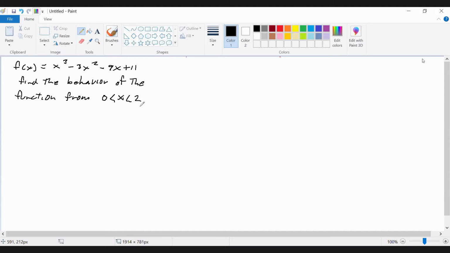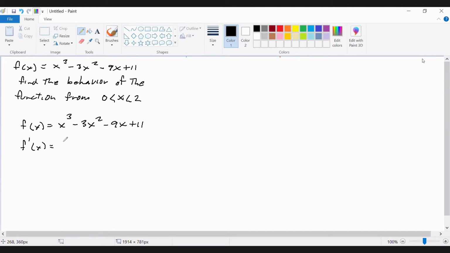So with this, you need to do your first derivative test. What we need to find is f prime of x. You have here f of x equal to x cubed minus 3x squared minus 9x plus 11.